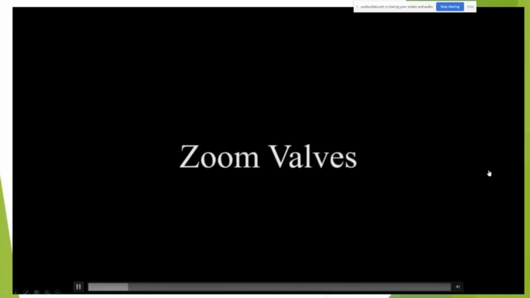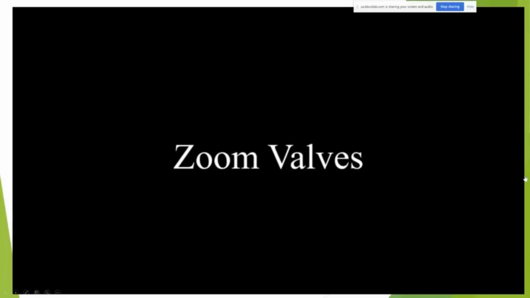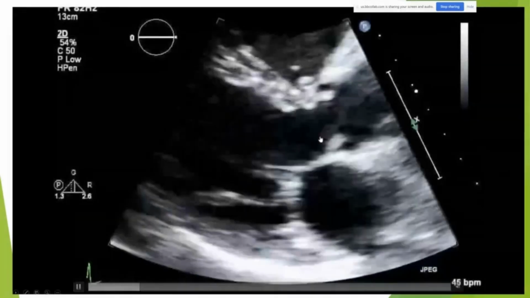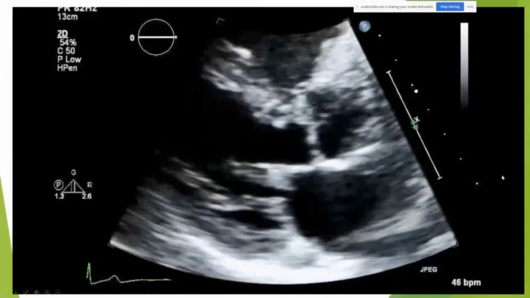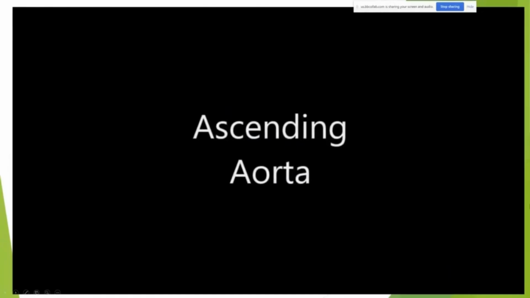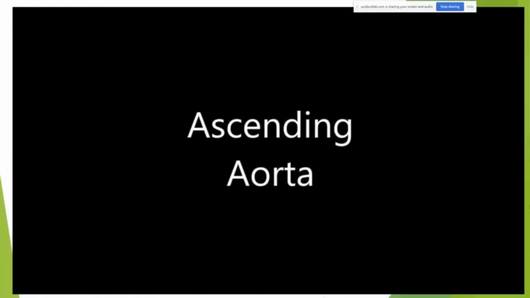Notice the person had trace mitral regurgitation. If they had aortic insufficiency, you would see it here. Once they turn on the color flow, mitral regurg, you will see it here as well. You always want to zoom, turn color on.